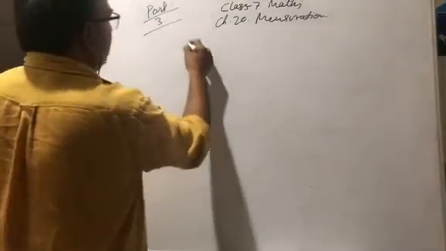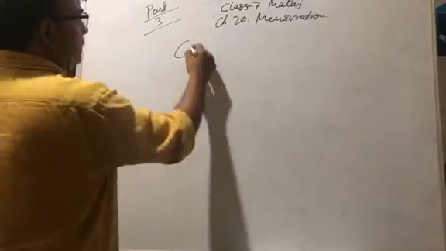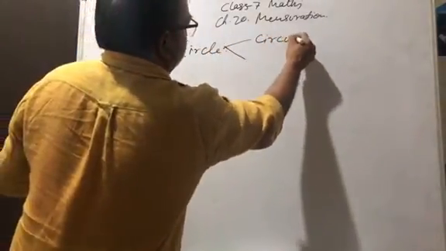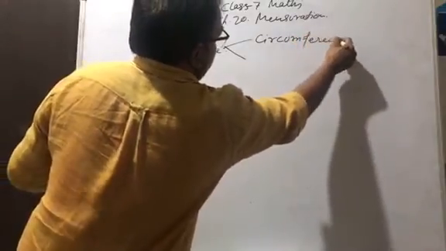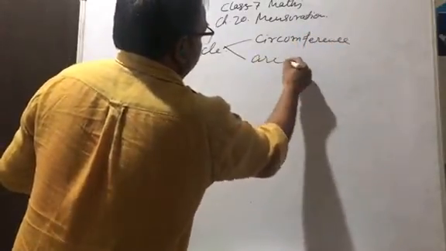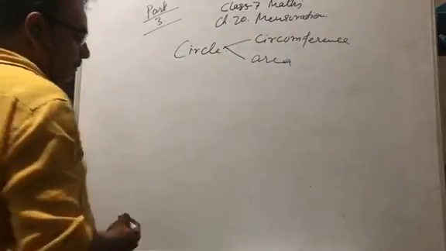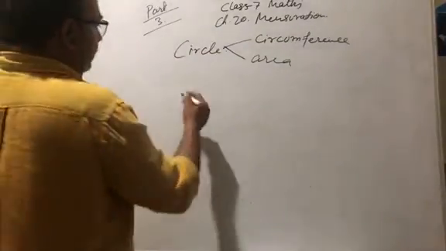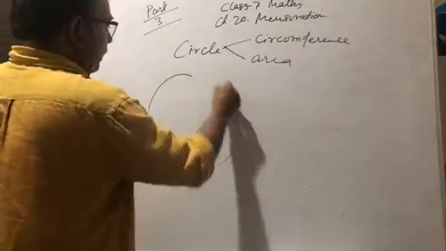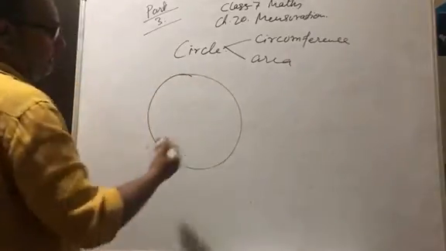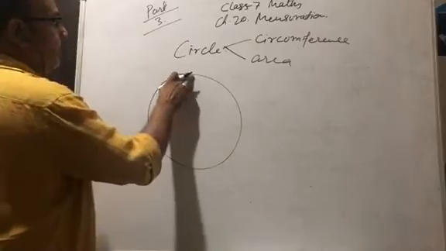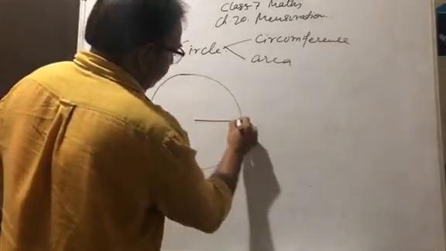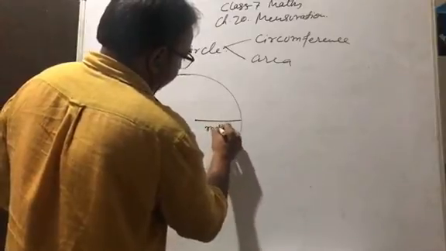Today I am going to discuss the circle: circumference and area. See, you all know that this is a circle and we can draw a circle with the help of radius.